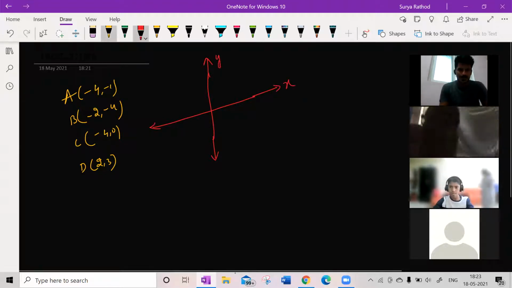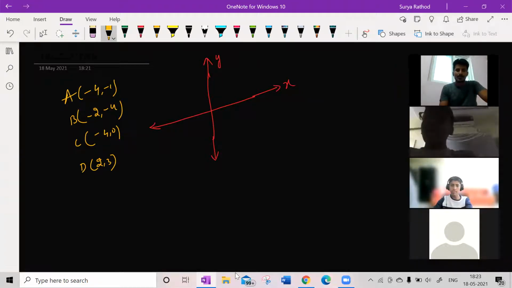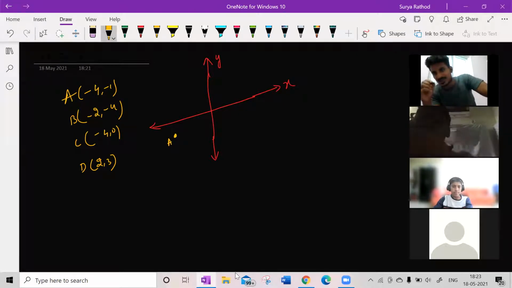X, y. So first (-4, 1), it is going to be somewhere here, isn't it? See, I'm not just making the points, I'm straight away plotting the points on the coordinate axis. Please try to understand. So A point has been given.